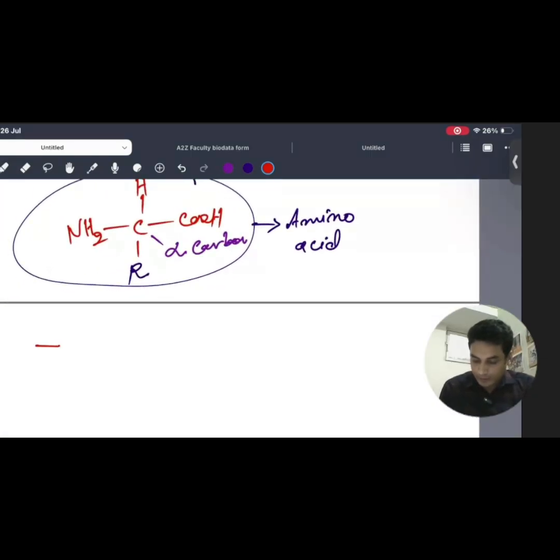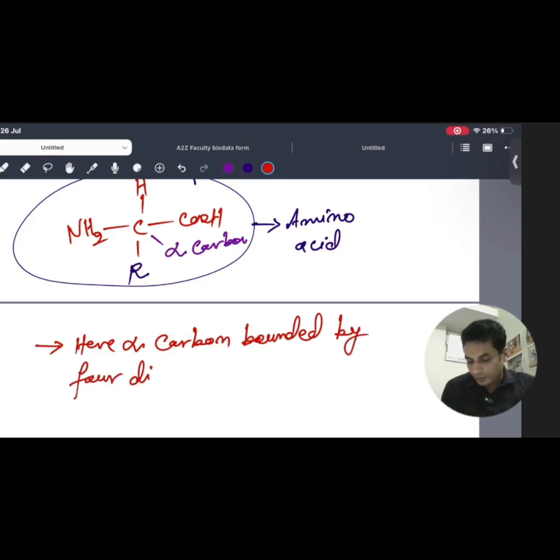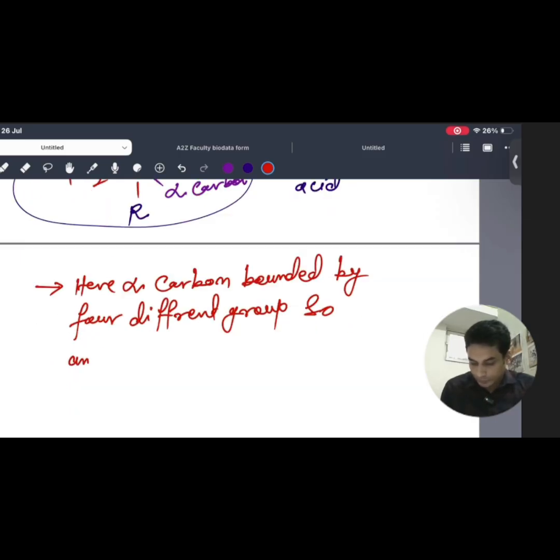You can say here the alpha carbon is bonded by four different groups. So amino acid is a chiral molecule.